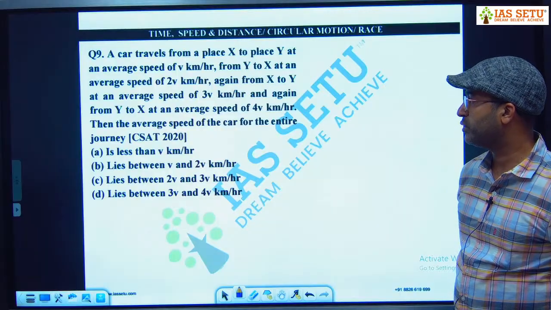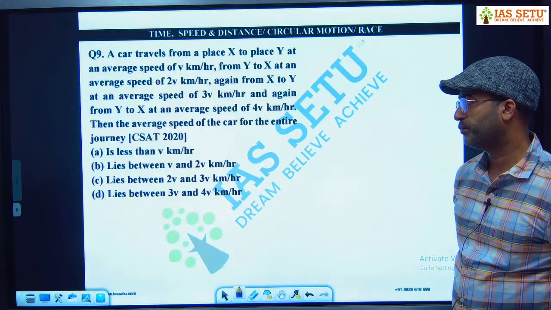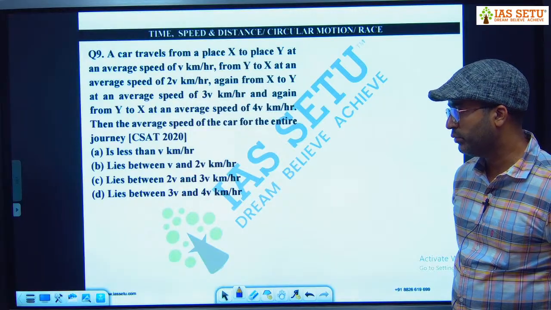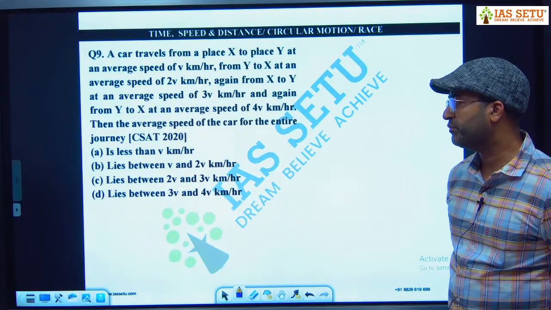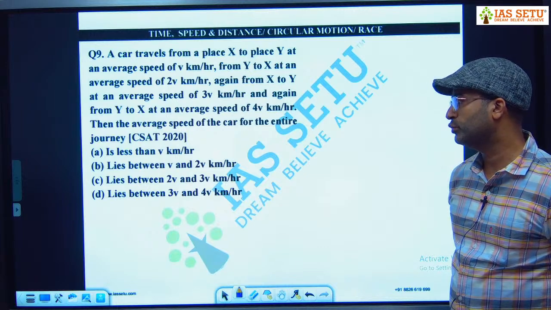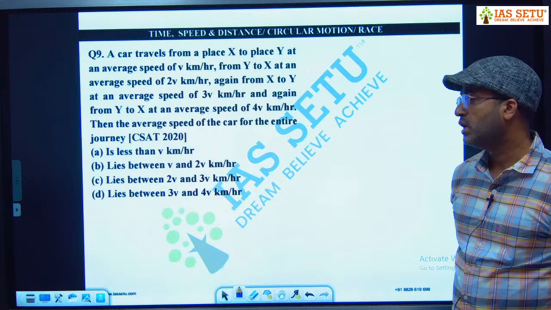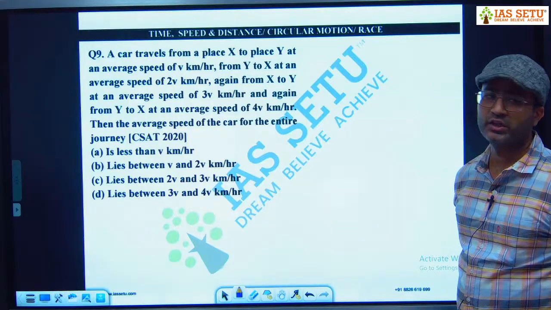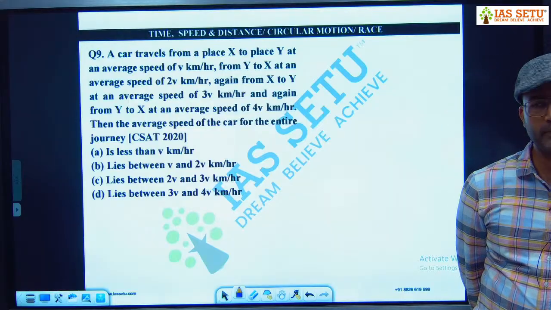Then the average speed of the car for the entire journey is less than v km per hour, lies between v and 2v km per hour, lies between 2v and 3v km per hour, lies between 3v and 4v km per hour. Tell me what to do.